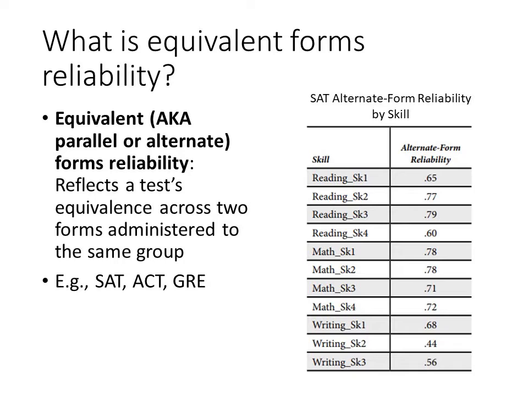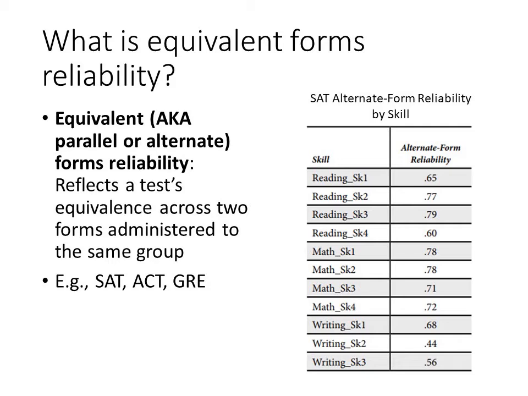For example, each year, the GRE, the Graduate Record Examination, is administered to thousands of college students who are interested in going to graduate school. The version of the test that you receive is one form. The version that someone else receives is another form.